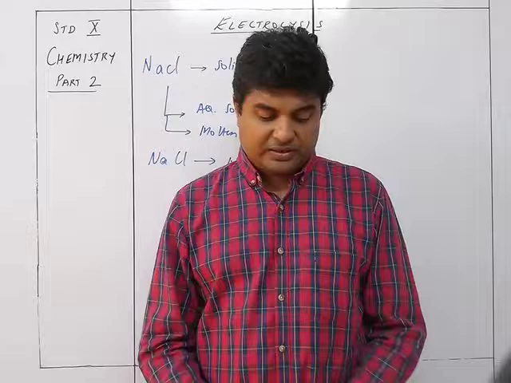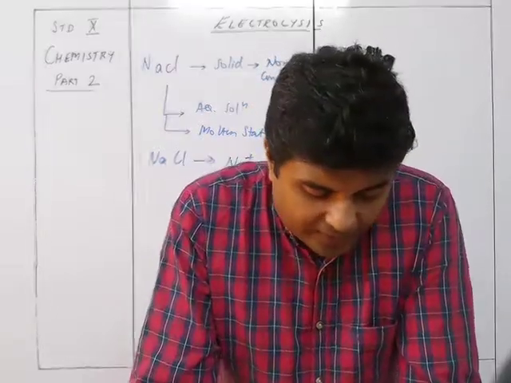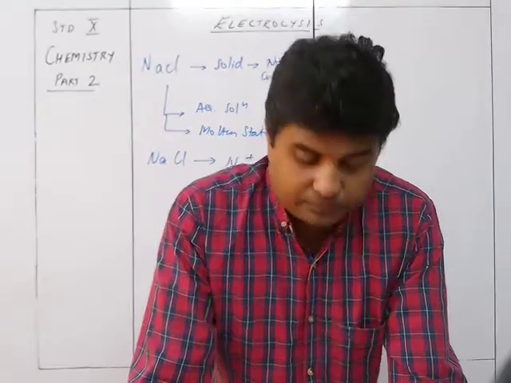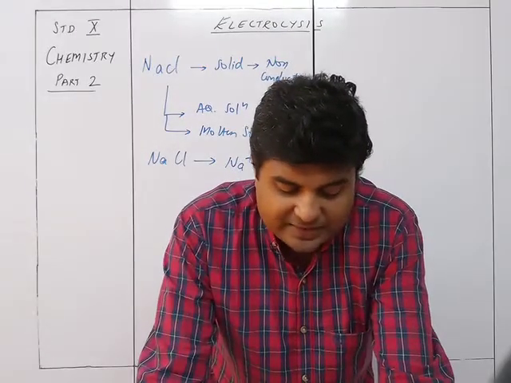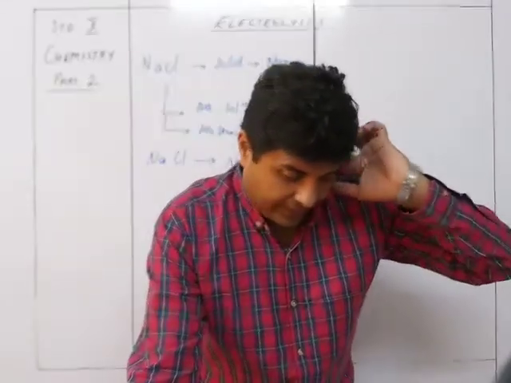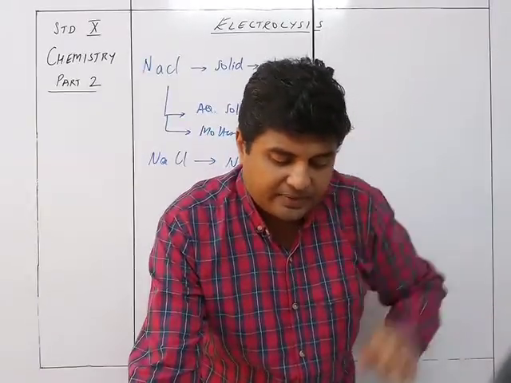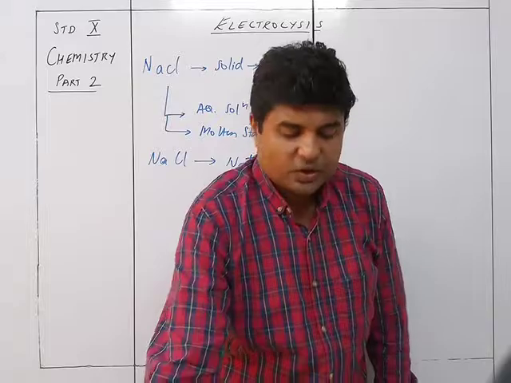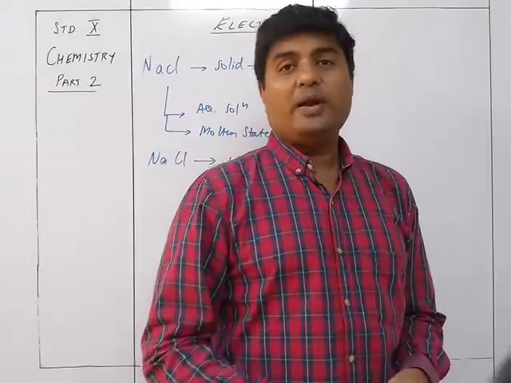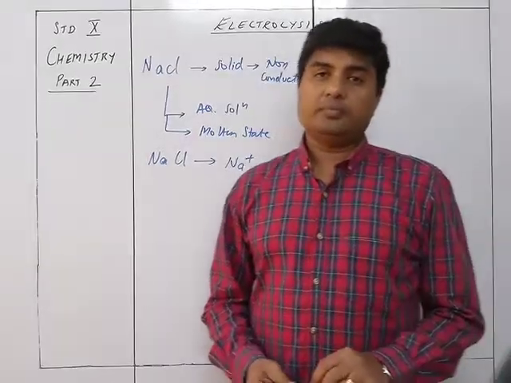What happens in the aqueous state? Water is a polar covalent compound, a polar solvent, and exhibits charge distribution in its molecules. In water, each hydrogen atom develops a slightly positive charge while the oxygen atom develops a slightly negative charge. I explained this when we discussed chemical bonding.